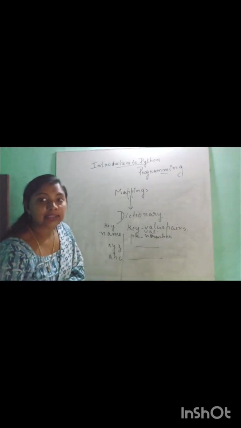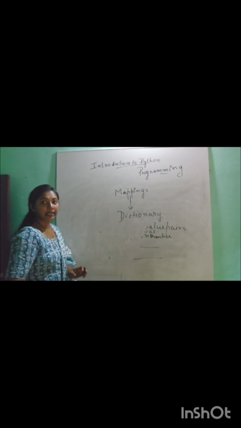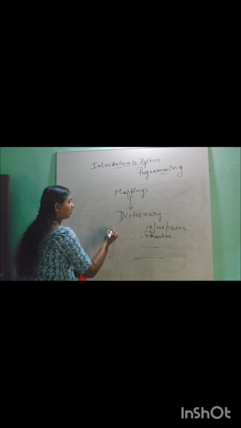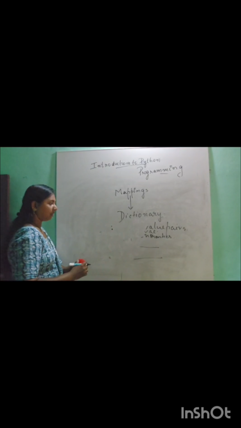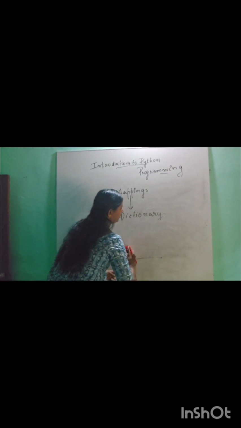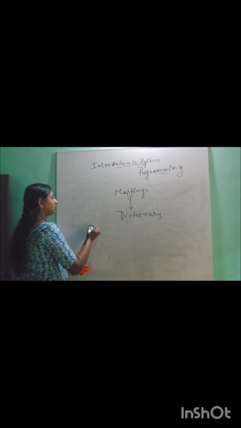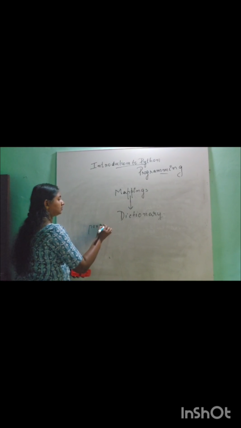Then how are the key and value separated? The key and value are separated by using a colon in a dictionary. For example, I am creating a dictionary called person.